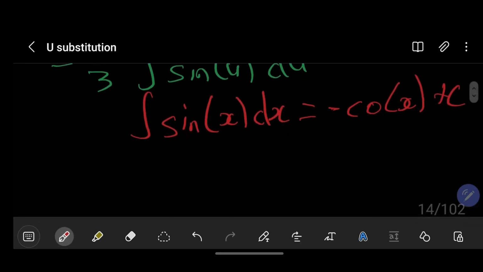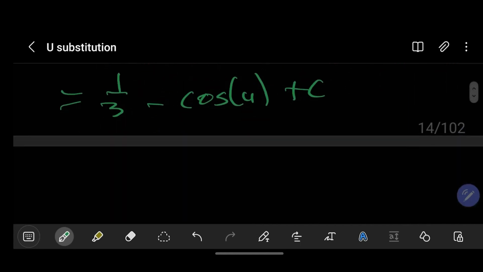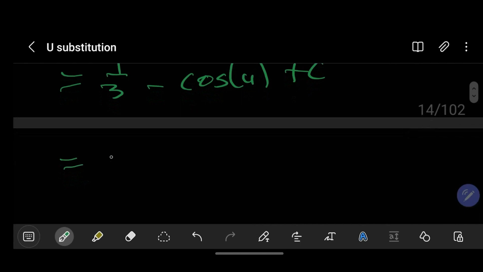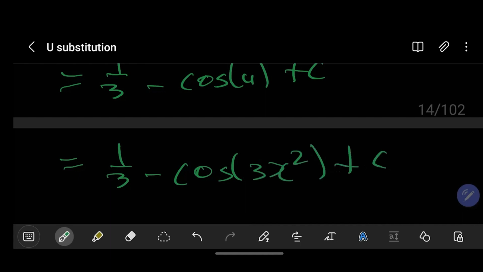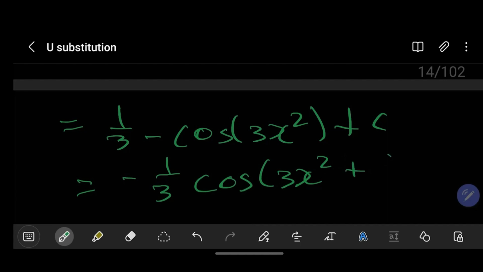So solving for this, we would now have 1 over 3 times minus cos of u plus c, and that is now equal to 1 over 3 times minus cos of 3x squared plus c for substituting back. We can bring the minus to the front, so we'll have minus 1 by 3 cos of 3x squared plus c as the final answer if you wanted to bring the negative to the front.